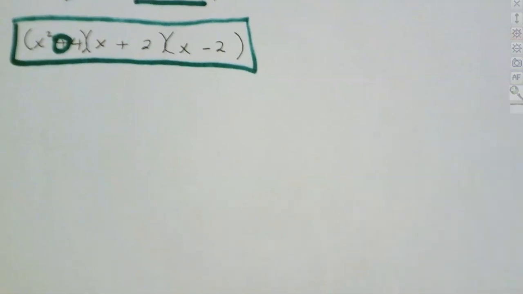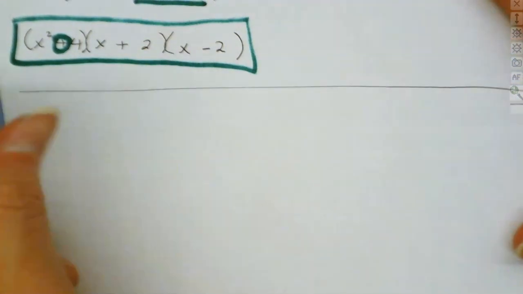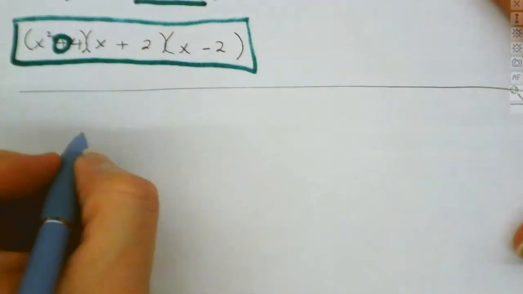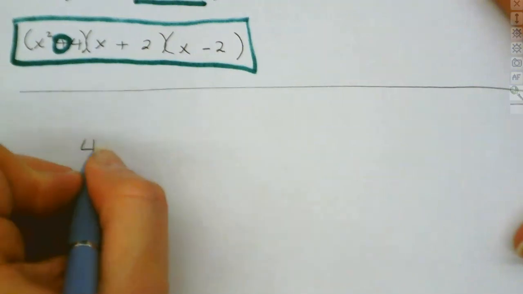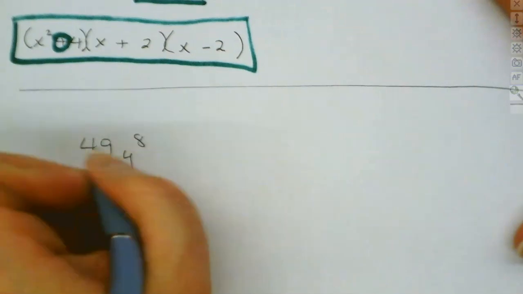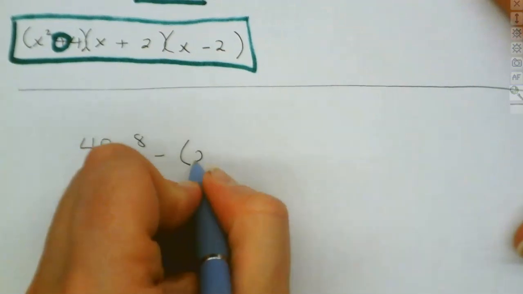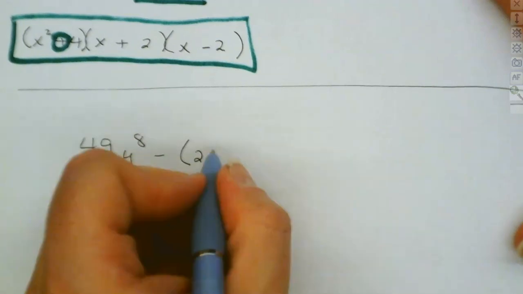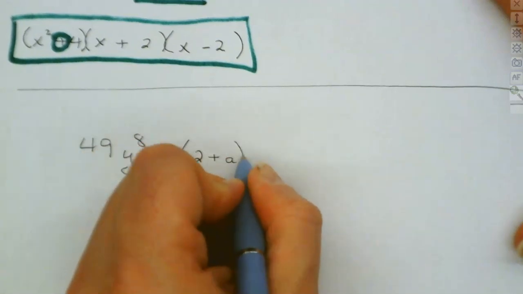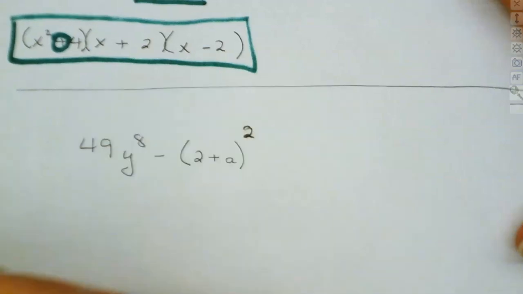Let's do another one. Let's do one that has a quantity squared. We have 49 y to the 8th minus 2 plus a, quantity squared.